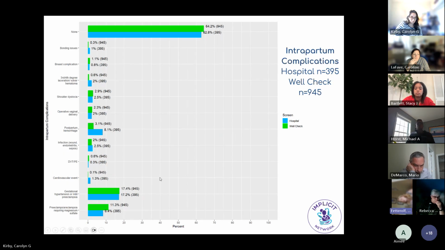So this is our intrapartum complication question. This question differs from the biomedical risk question. This is more looking at this current pregnancy, what happened around delivery, and then in the postpartum period. You can see some of the risks are the same, like hypertension and preeclampsia towards the bottom there.